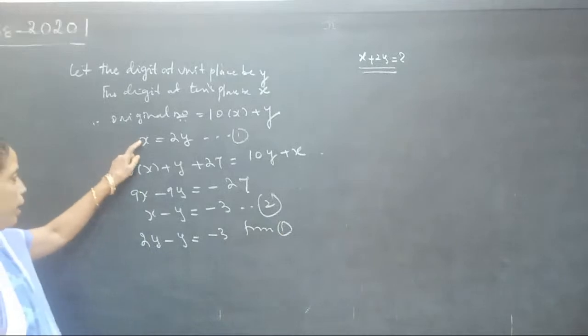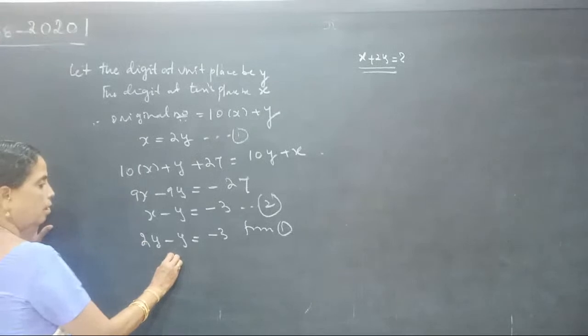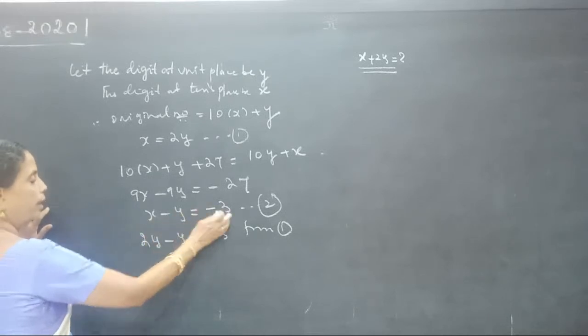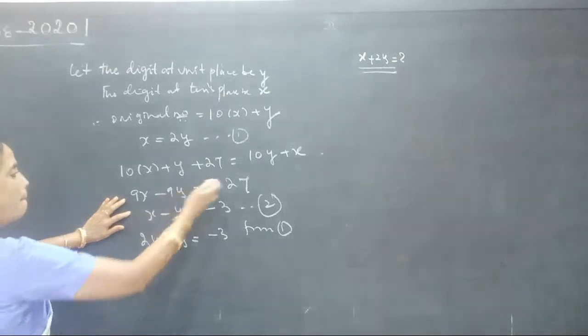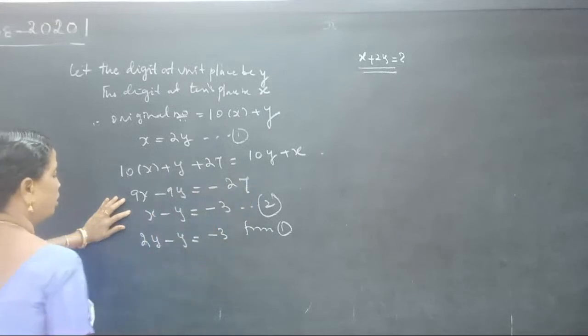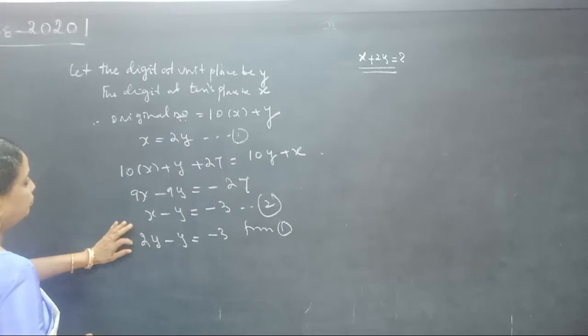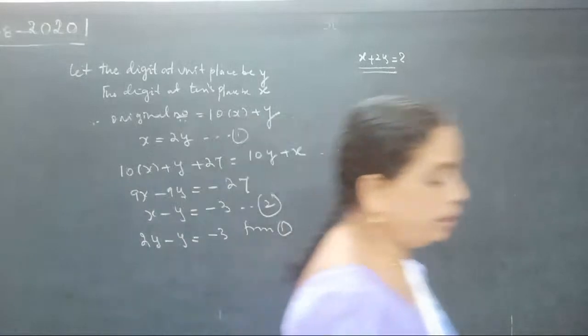Here I substituted y as 2x. 2x minus x is, do we get negative x minus y, correct? 9x minus 9y is minus 27. What is the first statement?